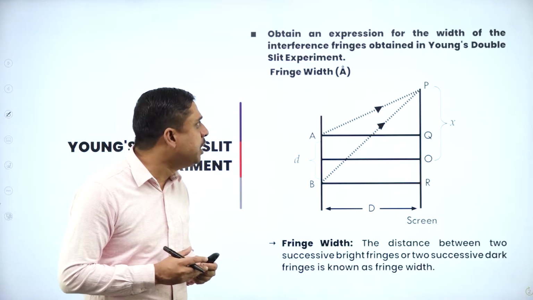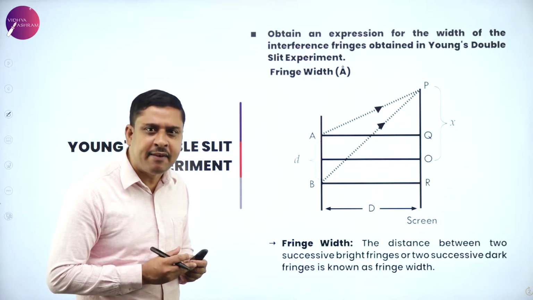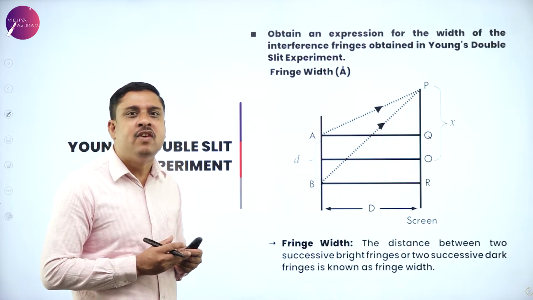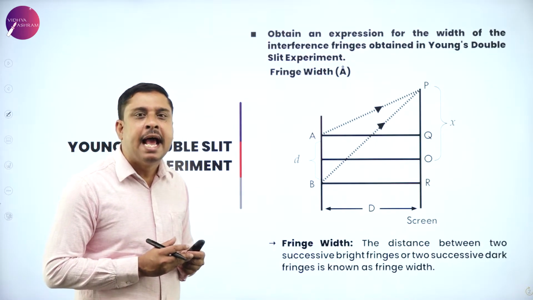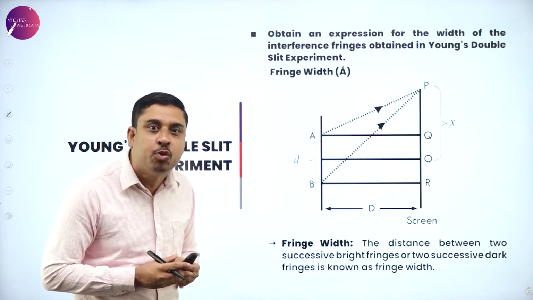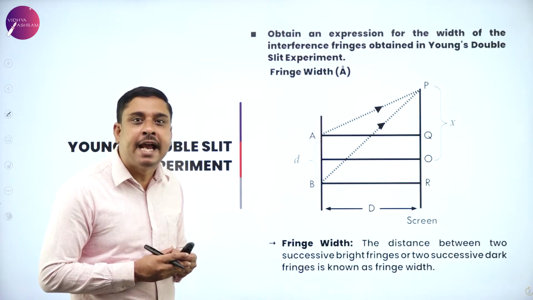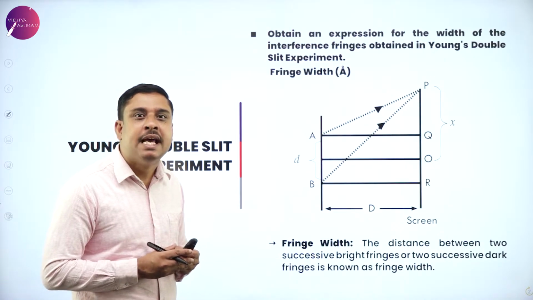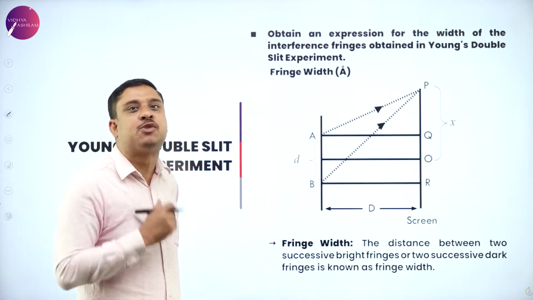Therefore, in today's derivation, I will obtain an expression for fringe width from Young's double slit experiment.